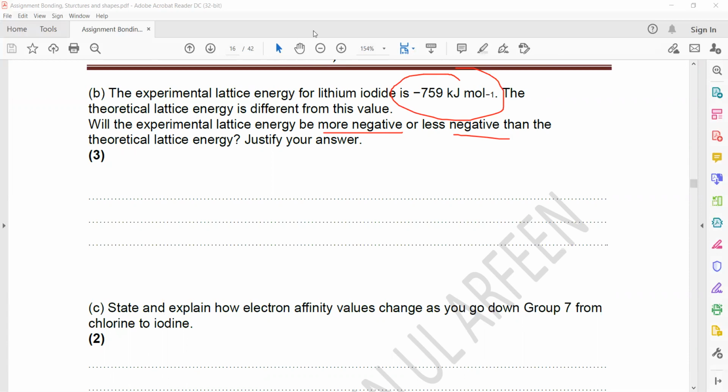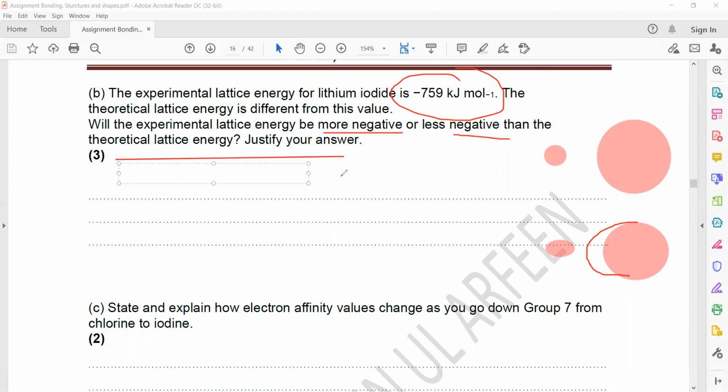In the theoretical model we consider ions to be perfect spheres, but experimentally the ions are not perfect spheres, so distortion is there, and due to the distortion the ions are closer to each other. That's why the experimental lattice energy is always higher than the theoretical lattice energy.